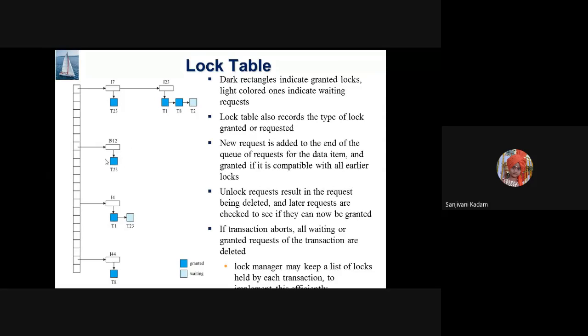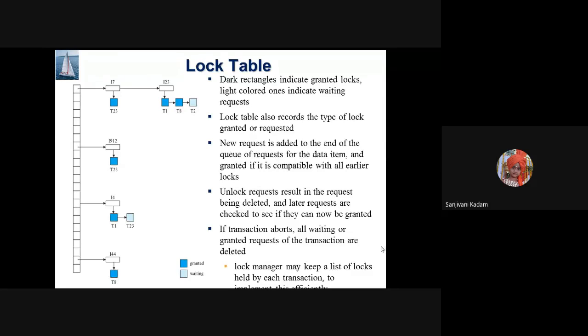And if consider at this point T1 is waiting for some lock on this data item. So in that case, this request will also be removed from the complete table. So this is how it handles the request.